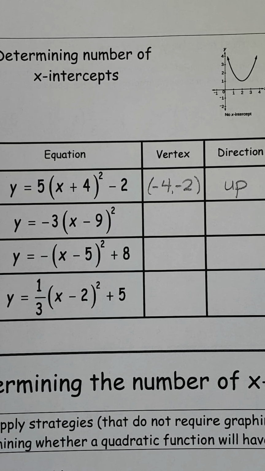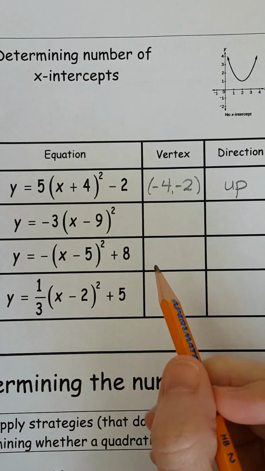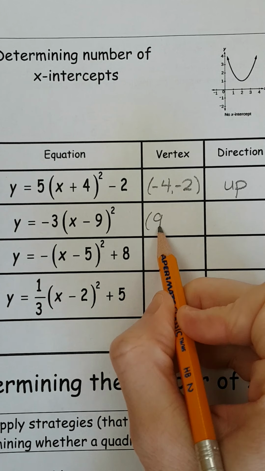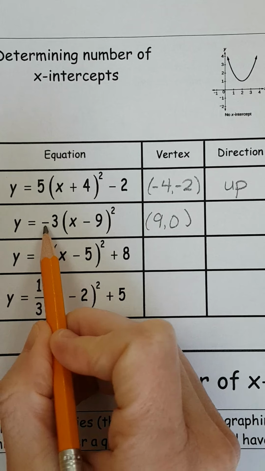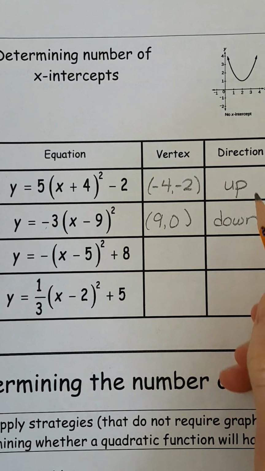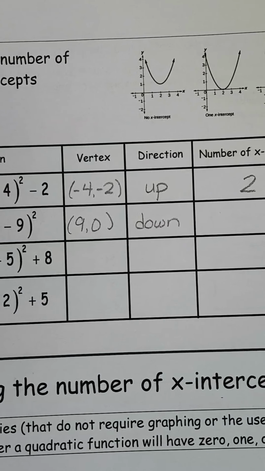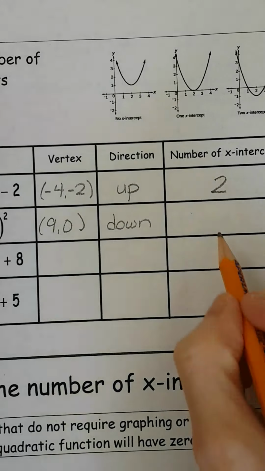So next one, this would be like having a +0. So our vertex, (9, 0), opens down because of that. So if you picture (9, 0), of course, that would be on the x-axis. Opening down means we have 1 x-intercept.